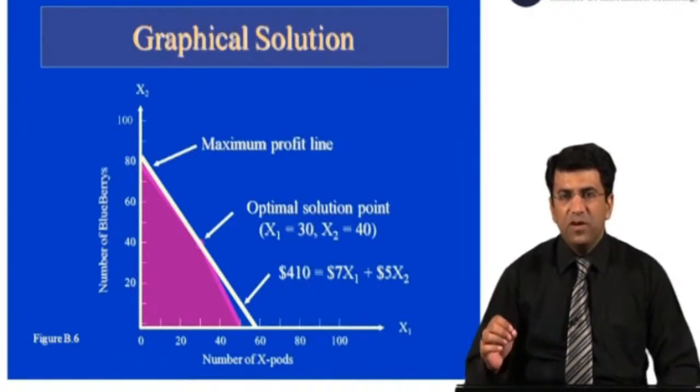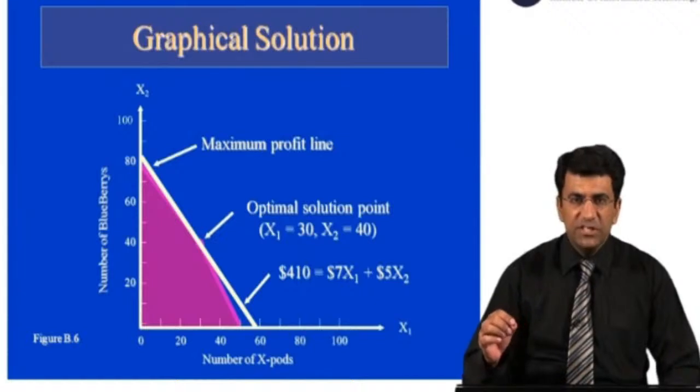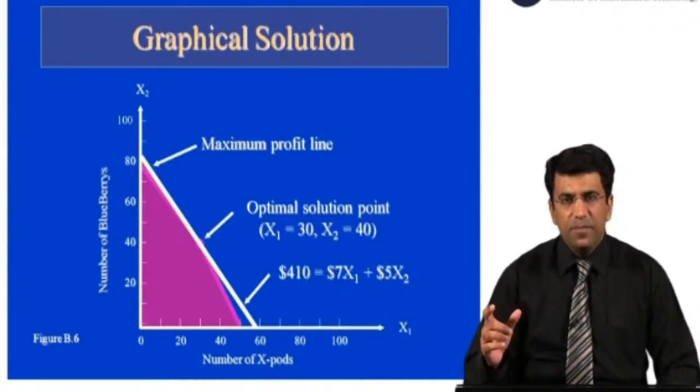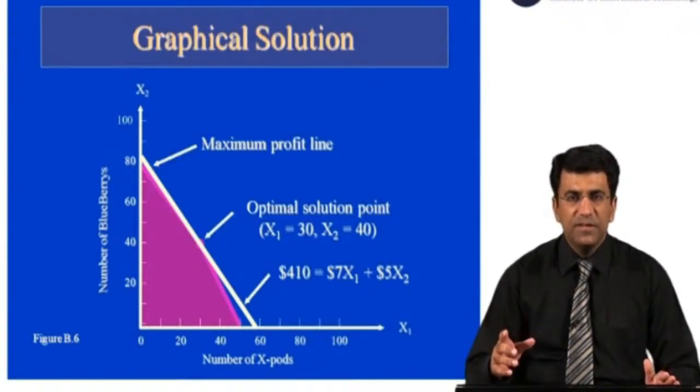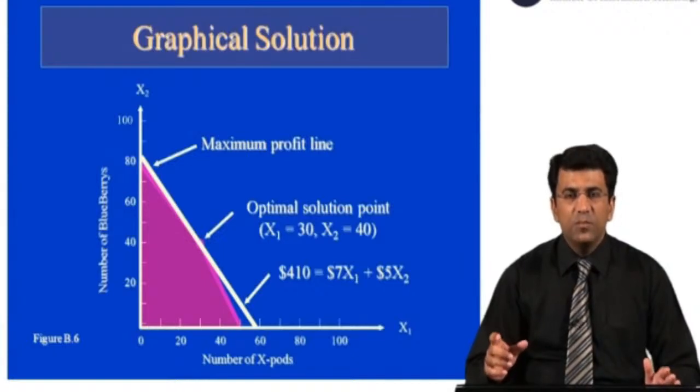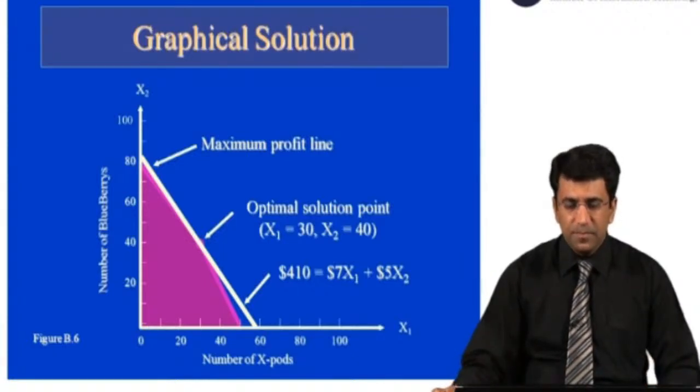And when we have a profit line which touches the last available point of the feasible region, then that will be the optimal point, and that will maximize the profit. So this method we just discussed is the iso-profit line method.